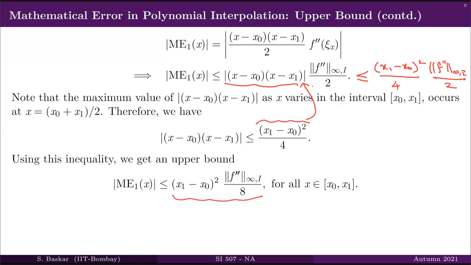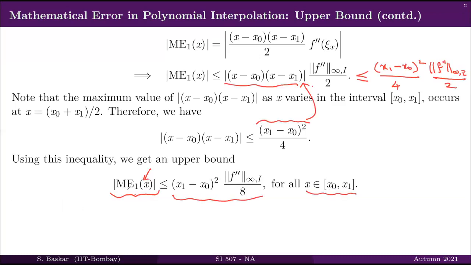You can see that there is no x involved in it, as well as no unknown involved in it like xi of x. So the mathematical error involved in P1 of x when compared to f of x is less than or equal to this, irrespective of whatever x you choose in the interval x0 to x1. So in this interval, we have this estimate for our mathematical error.